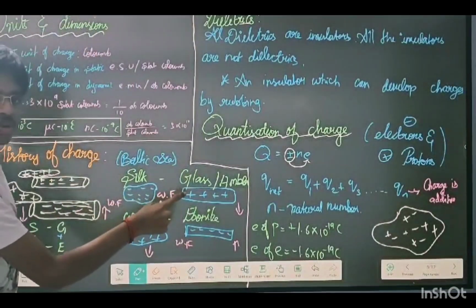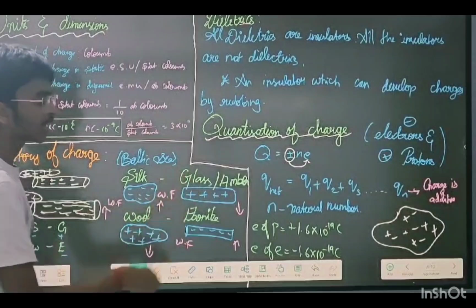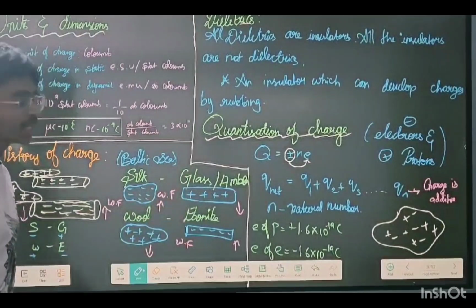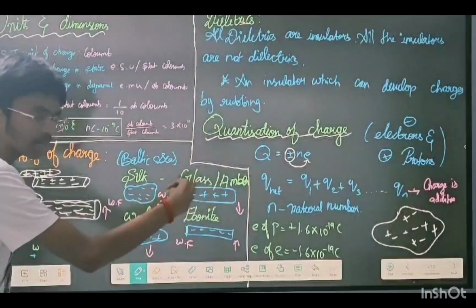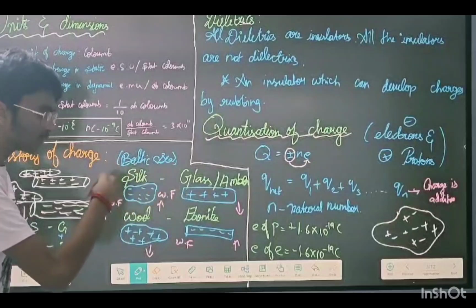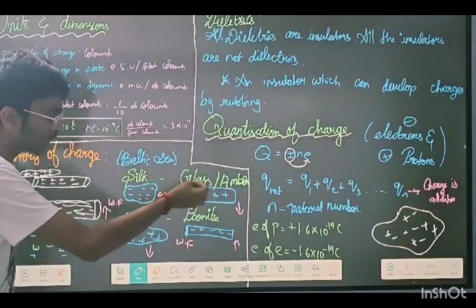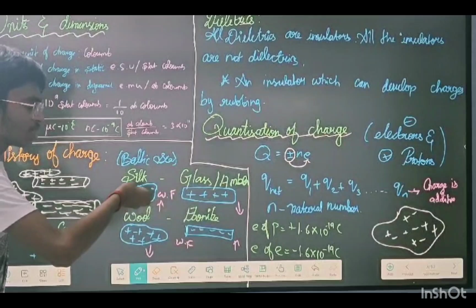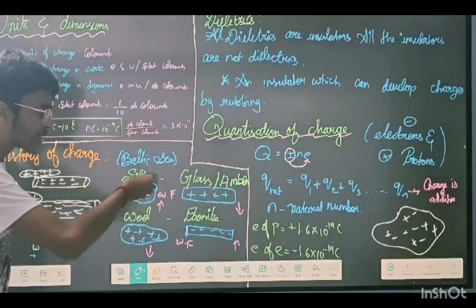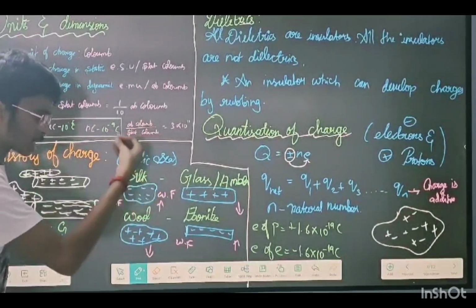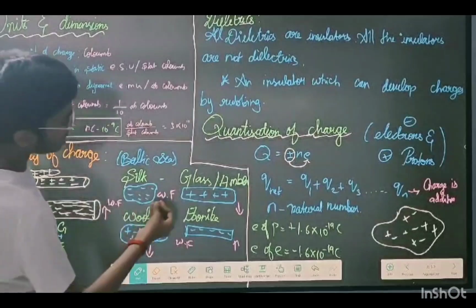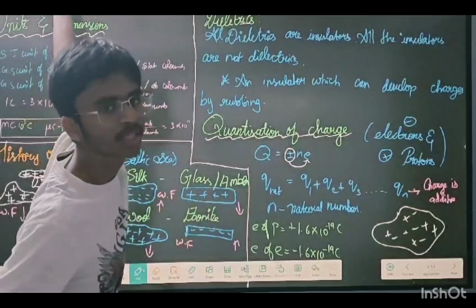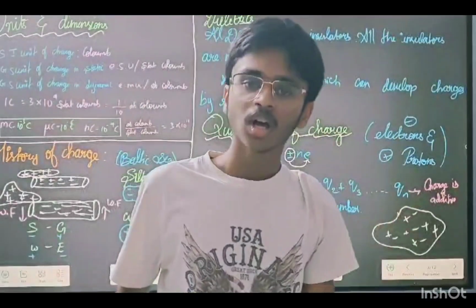This glass rod is there now. This glass is having positive charge because it is able to liberate all the electrons very easily compared with silk. So all the liberated electrons from this glass will be going to this silk. That says that the silk is having high work function, that is why it is a negatively charged body, and this glass is having less work function, that is why it is a positively charged body.